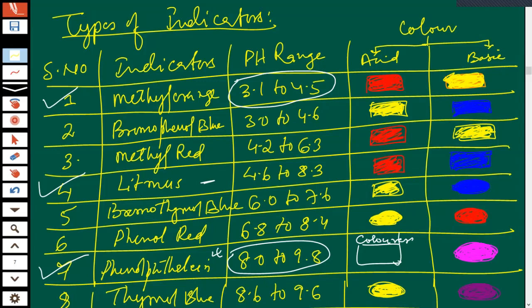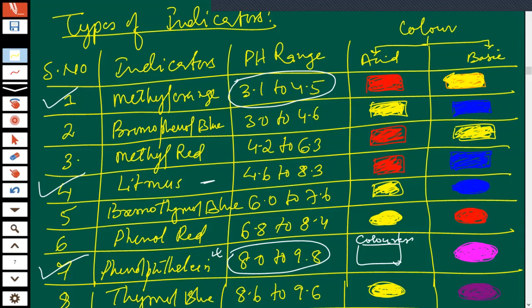I will explain that also, why they are under this range only, because indicators are very weak organic acids or very weak organic bases. So that is related to the ionization constant and equilibrium phenomena. So I will explain that also, why they are working in that particular range.